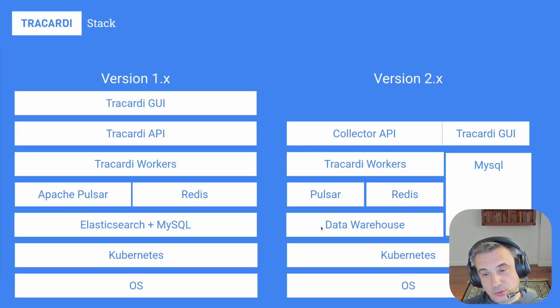So right now we are using a data warehouse that will be a StarRocks database. But in the future, we'll be able to replace this data warehouse with any other data warehouse. The same goes for MySQL, Redis and Pulsar. For example, Pulsar could be replaced with Kafka. Everything in here is based on adapters. And this is basically it. This is how Tracardi works, what the architecture is and how the data flows.